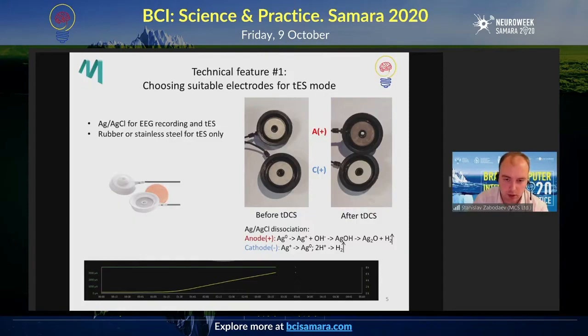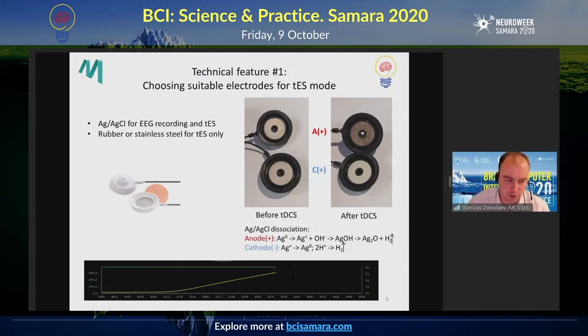And what might happen, in our case, we use these silver chloride electrodes, and I chose DC stimulation on my device, and this electrode lasted for no more than 3 minutes, but your stimulation needs to run for 30 minutes.